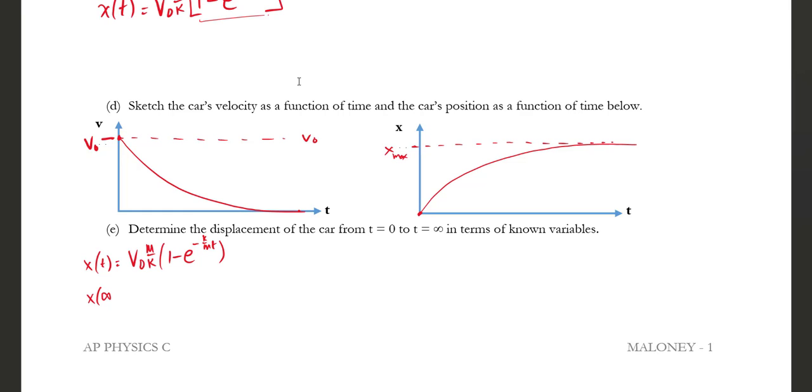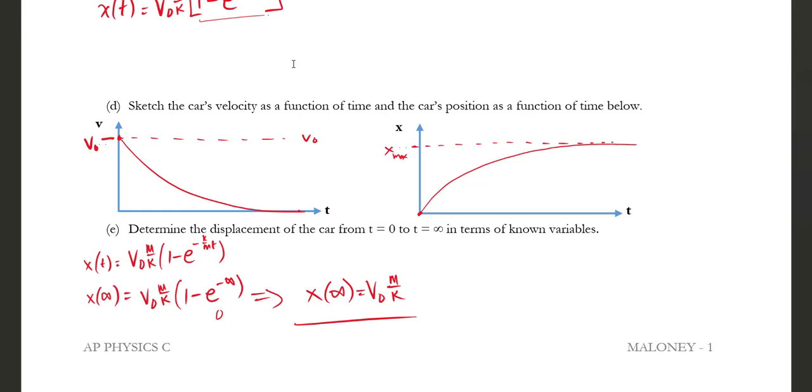And now we want to do this at infinity. So this is v naught m over k times 1 minus e to the negative infinity. Well, e to the negative infinity is 0. So this just turns into v naught m over k, which is what we saw above.